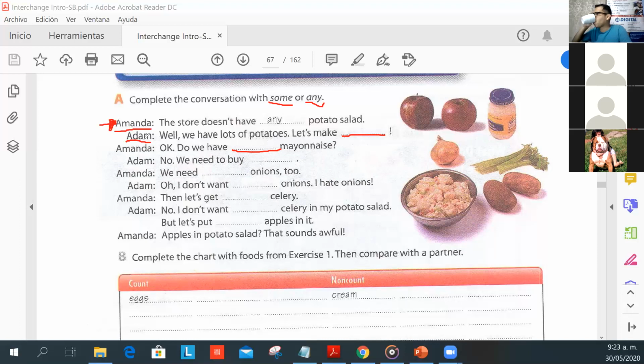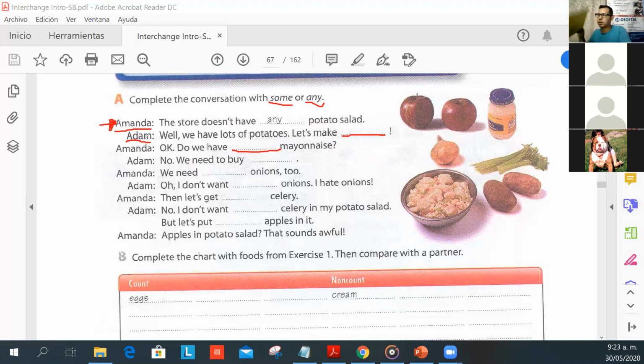We have lots of. Teacher, pero any queda como más con sentido ahí, ¿no? Okay, but remember, is that a question? If it's a question, then we use any. But if it's not a question, we use some.